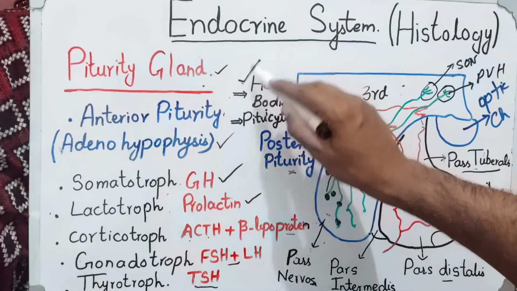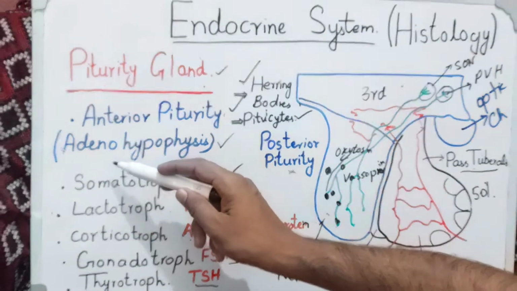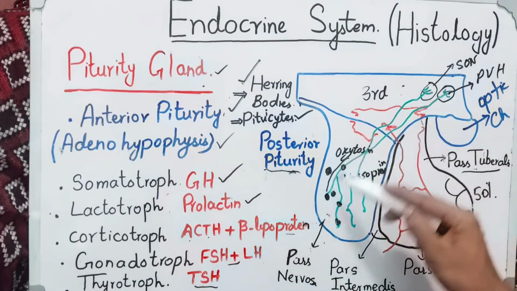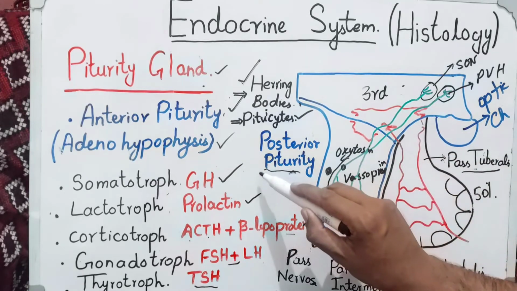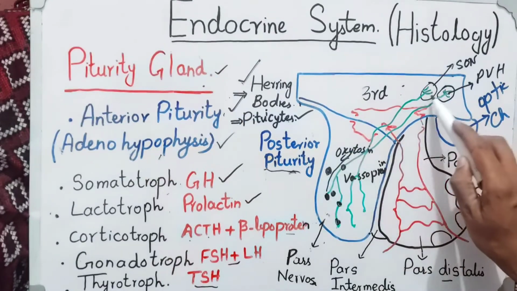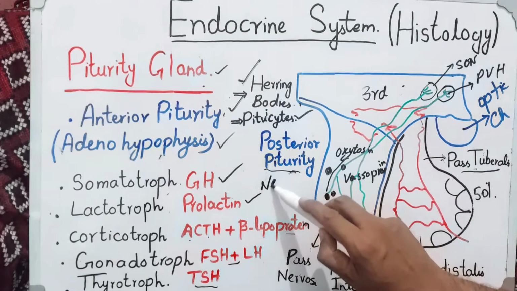These two, Herring bodies and pituicytes, are present in the posterior pituitary. We discussed the anterior pituitary, whose name is the adenohypophysis. The posterior pituitary is made up of neurons, so its name is the neurohypophysis.